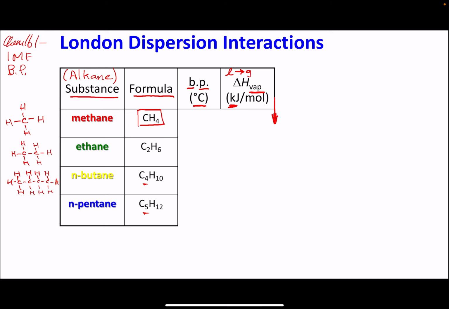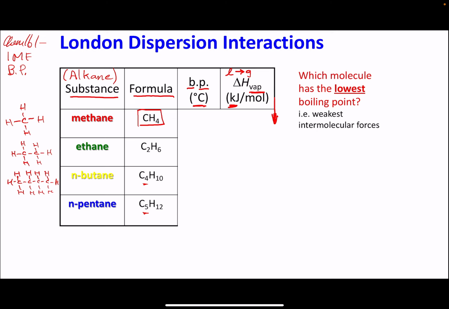Okay, so what we want to do with this table is, at this point, see if we can address a couple of questions. I invite you to pause the video and try to answer the following question. Which molecule has the lowest boiling point? What we want to think about is the weakest intermolecular forces.